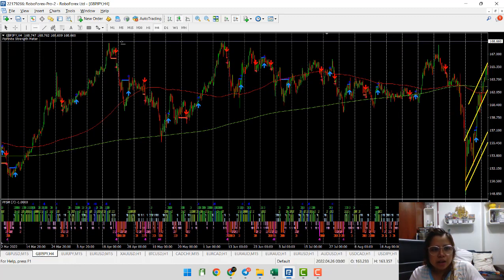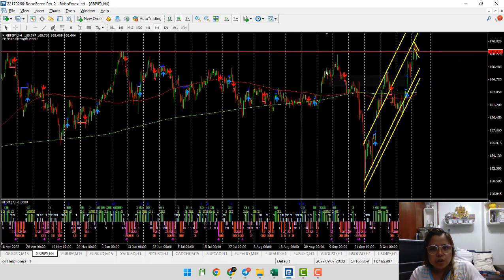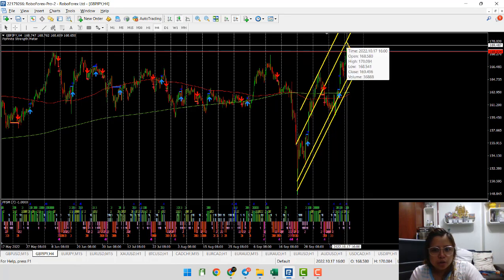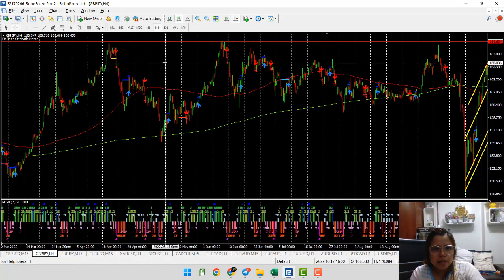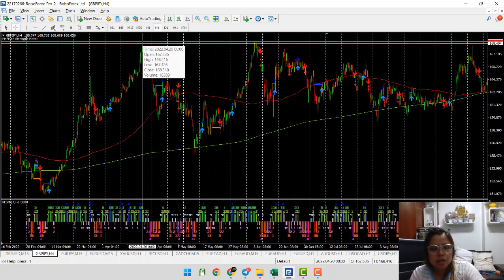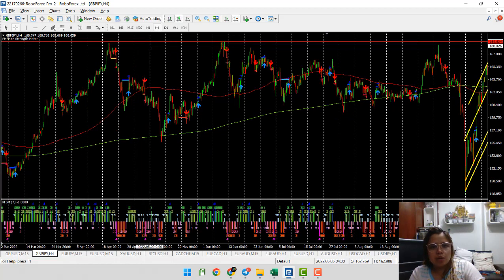Let's put a horizontal line right here. You will be able to see that yesterday, the market has breached this point for the first time since it started to range and rejected at that point since April of 2022.